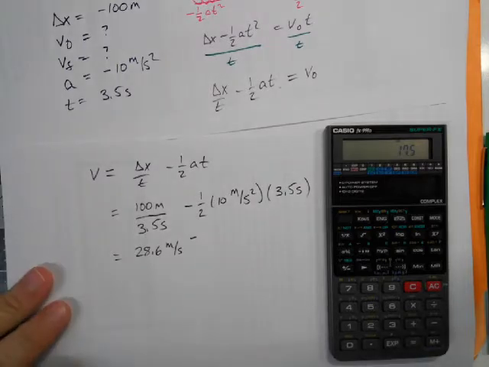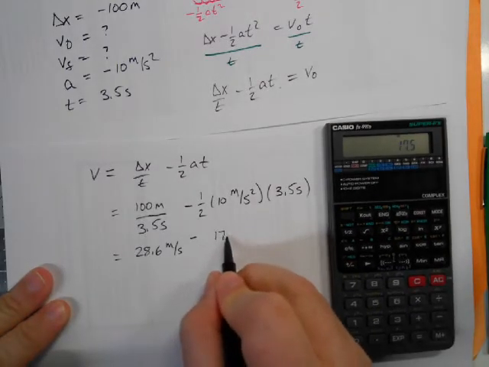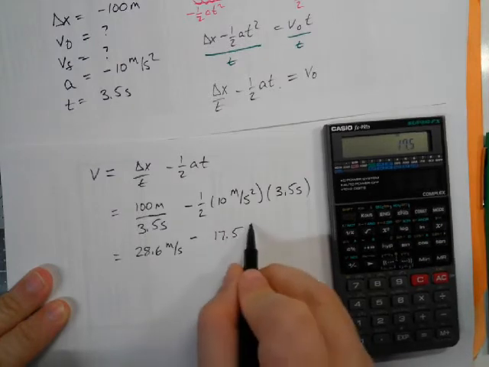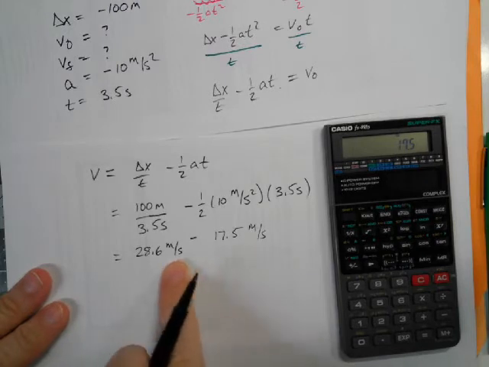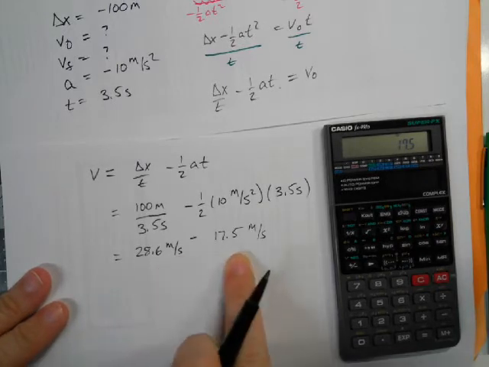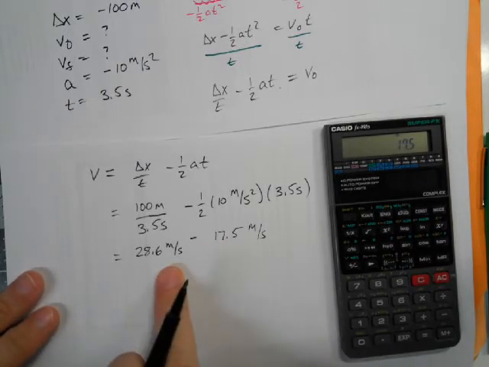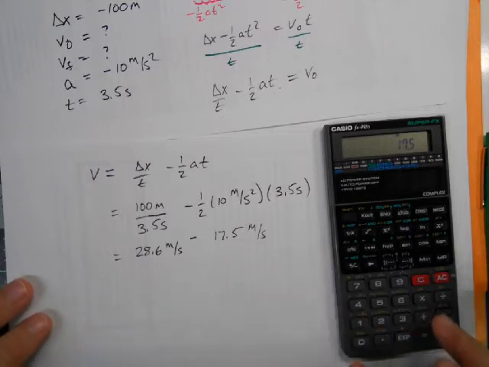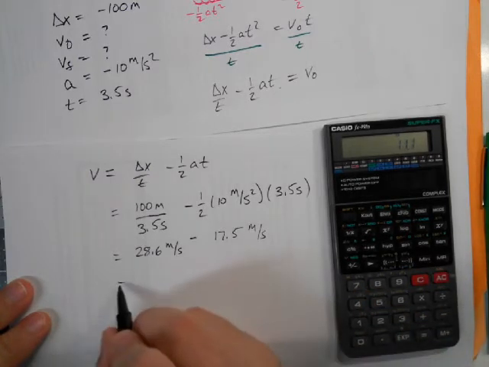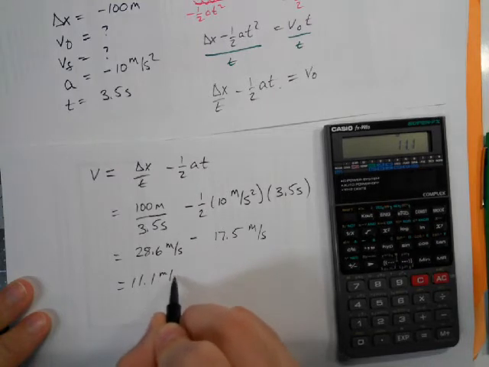I'm going to continue on. This is going to be 17.5 meters per second. And what we get is that it slowed down. We end up getting a small velocity, something like 28.6 minus 17.5 is 11.1 meters per second.